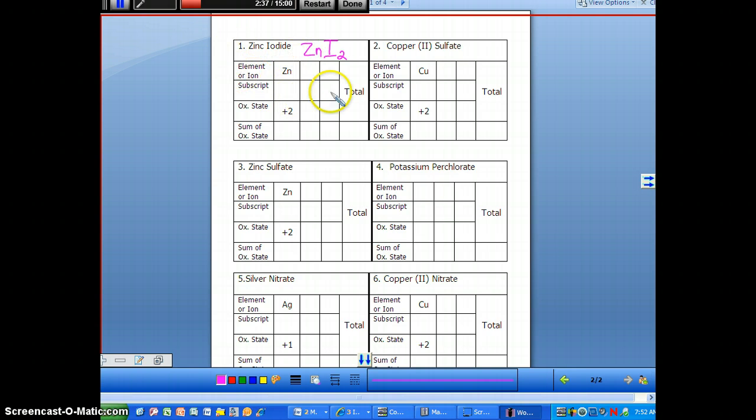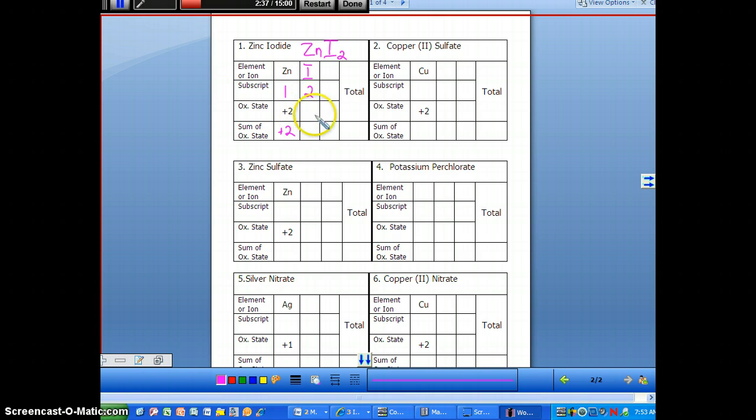On all of these examples, if you just follow the chart, it will lead you through how to do this. You write zinc, and then we would write I, and then this one would be blank because we only have 2 elements. You write their subscripts, which would be 1 and 2. And these sort of work like a math box. You multiply going down, so this is plus 2.